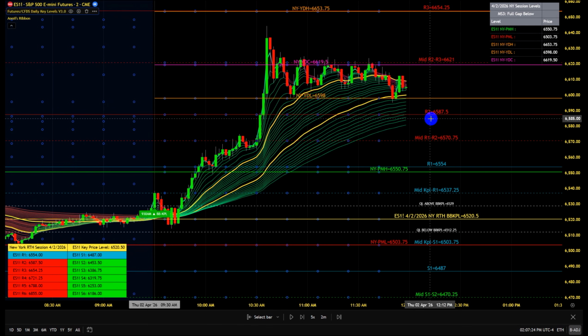So basically, any main key level, midpoint level, or contextual level that is in the direction of the trade after the 1.5 level minimum threshold move on a regular trade also counts as an additional waypoint. As you can see here, we got a move up to the YDL and also YDC and mid R2, R3.